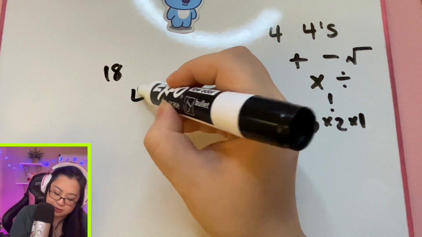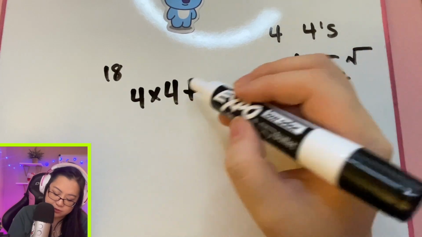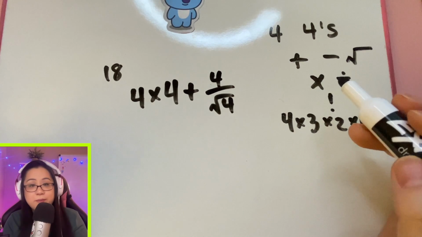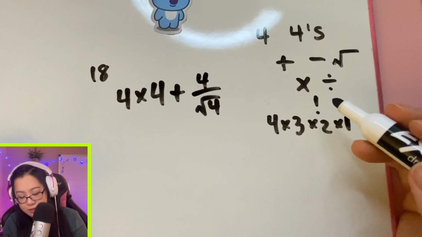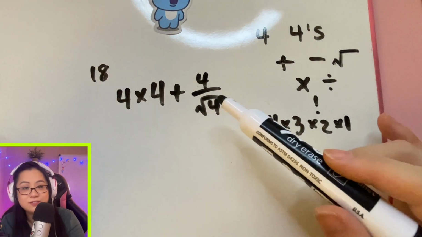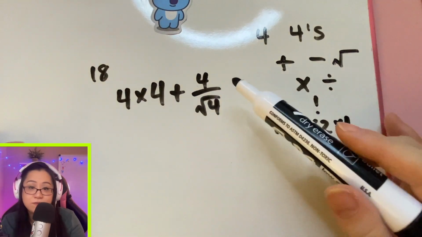So this is just 16 plus 2. So 16 plus 4 over root 4. And this is how I remember doing it in middle school, trying to just make use of this kind of symmetry. You don't even have to do 4 divided by root 4.